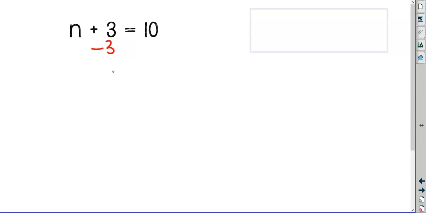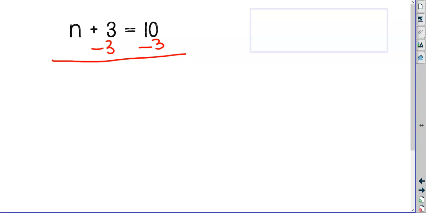But a property of equality states what you do to one side of the equation, you must do to the other to keep it balanced. Now, as long as you do the same thing to both the left and the right side, that's considered fair. So I could subtract 32 if I want from both sides, but it's not very helpful.